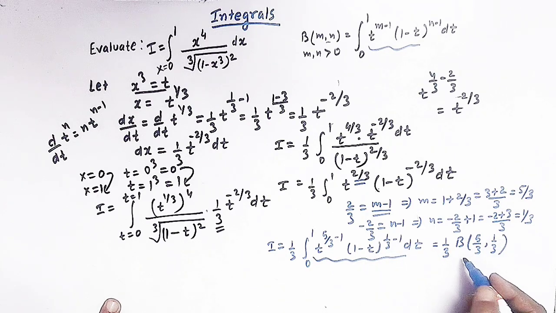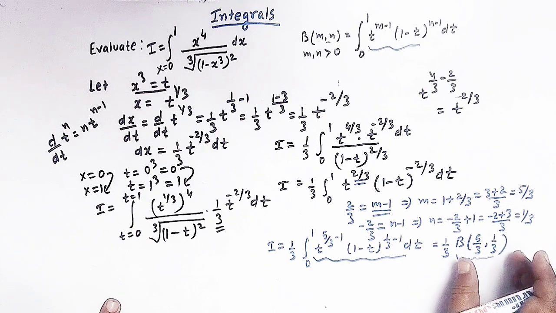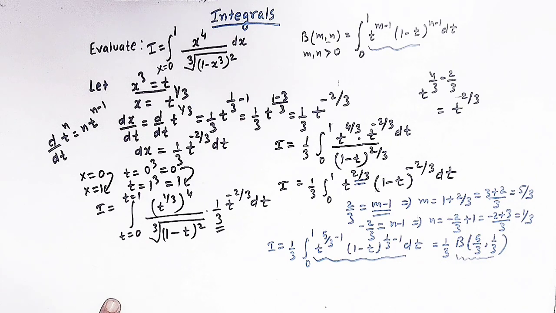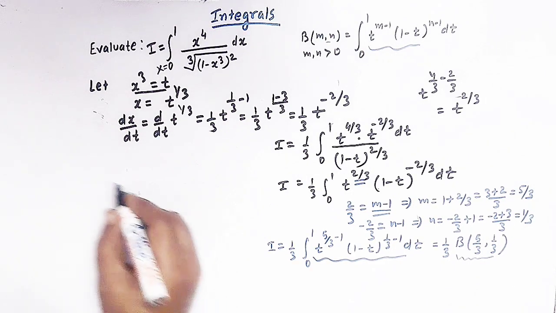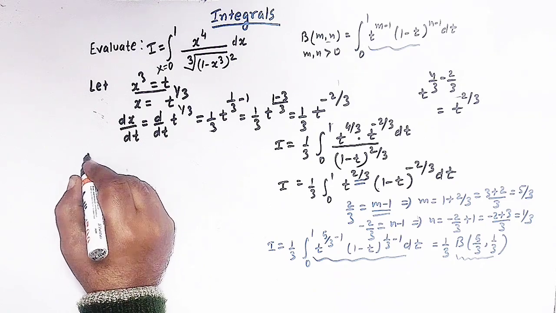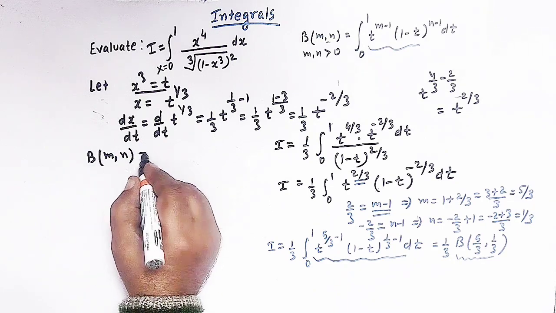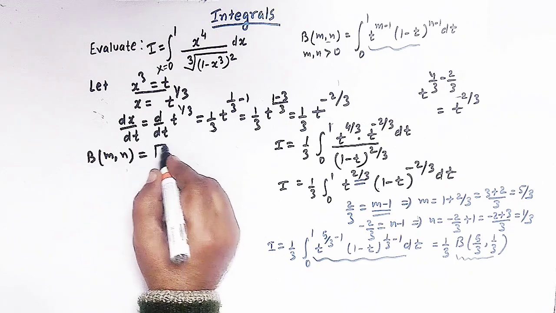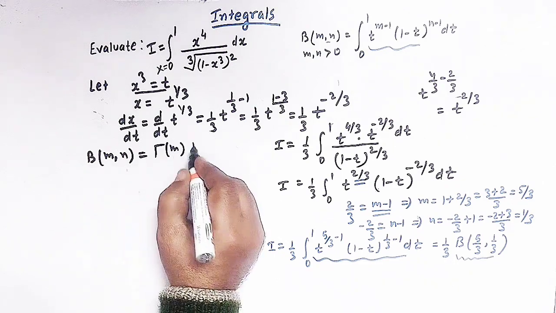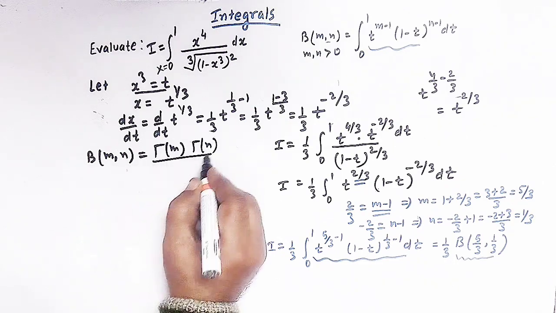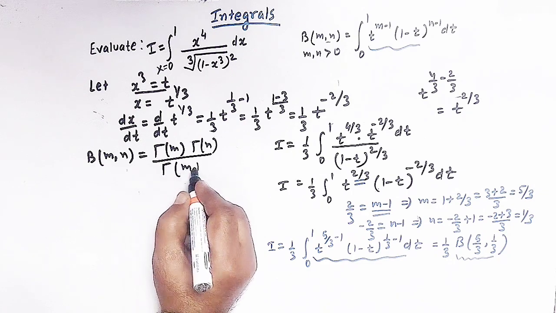So now we have to calculate the value of this beta function by using the relationship between beta function and gamma function. So the beta function and gamma function are related by this expression, that is gamma m times gamma n divided by gamma m plus n.